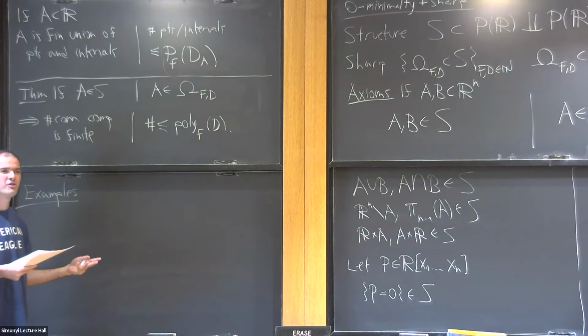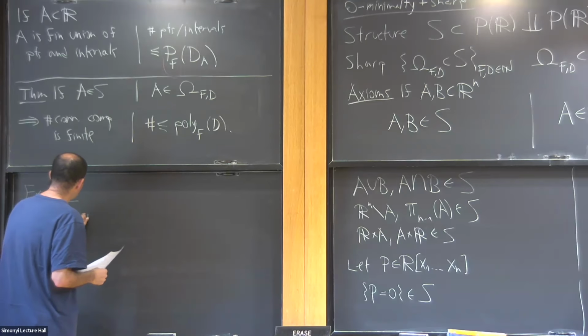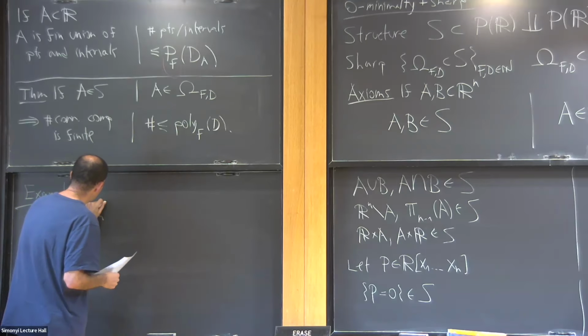So, okay, what are some examples? There's R-alg, that's the first case I mentioned, the semi-algebraic sets. This is taking the smallest possible one, right? So don't add anything beyond the polynomials, and then close under all the axioms.